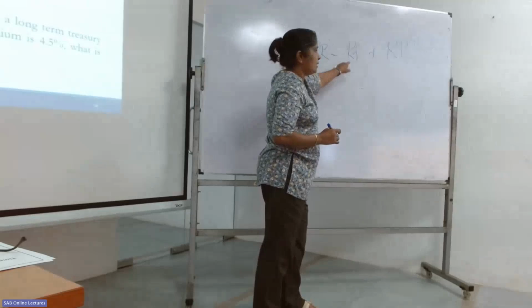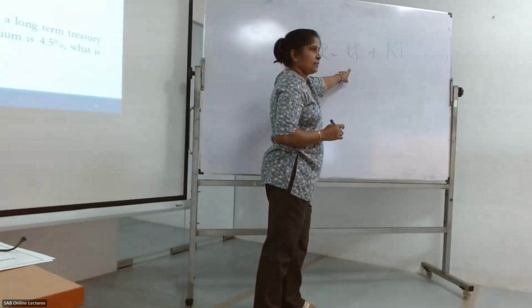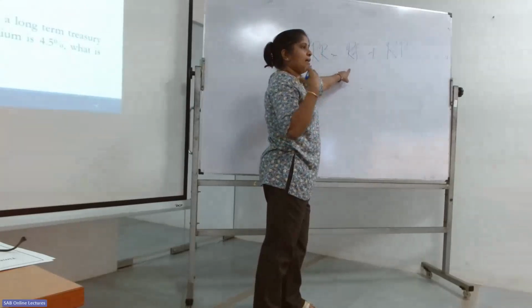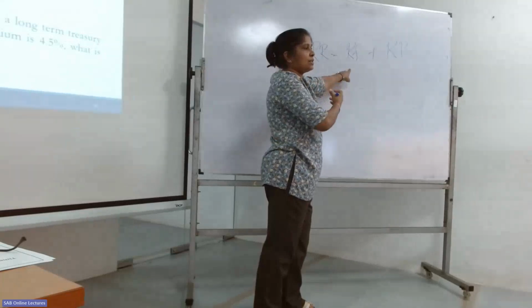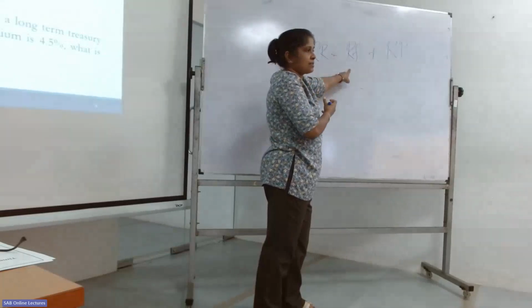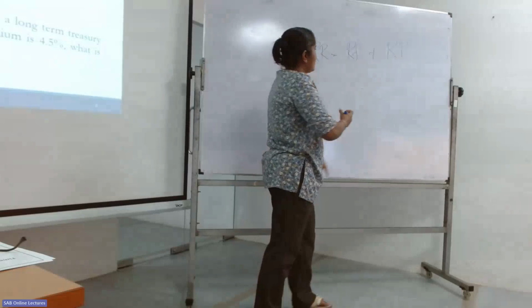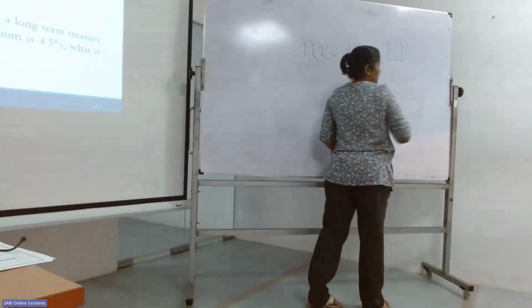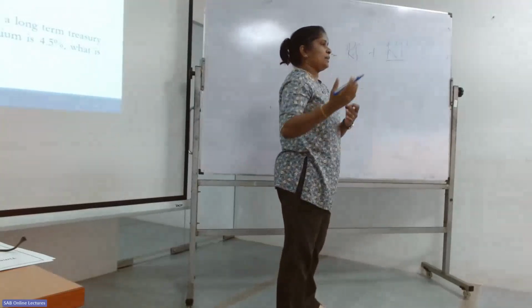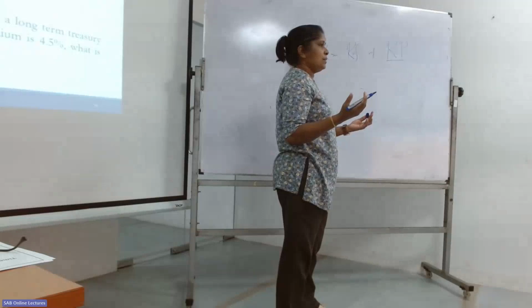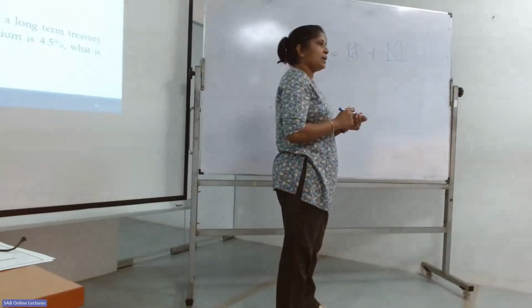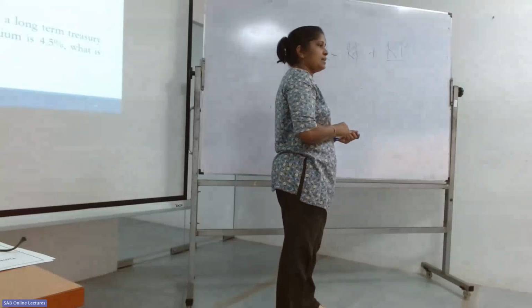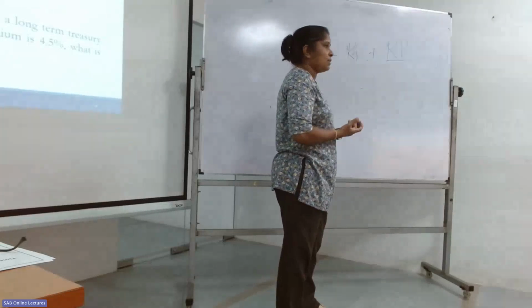The risk-free rate compensates for the time value of money, and you can identify it based on the treasury bills and treasury bonds rate of return. Then this risk premium is the matter: how to determine the appropriate risk premium related to the systematic risk. You should be able to calculate it.